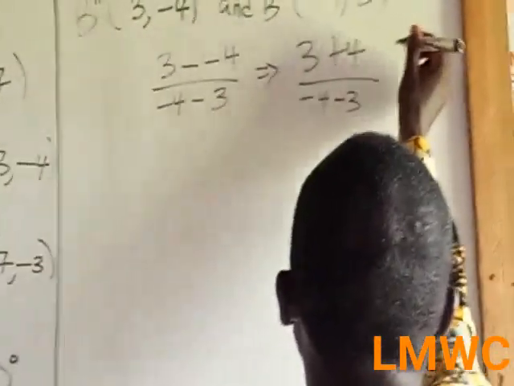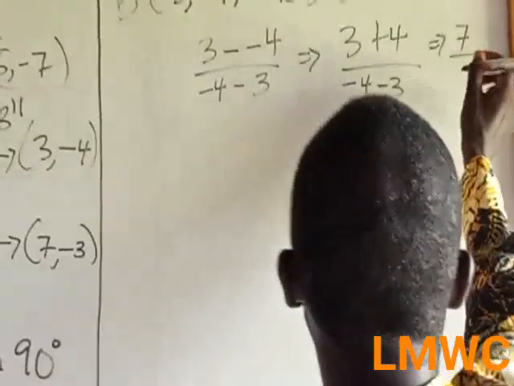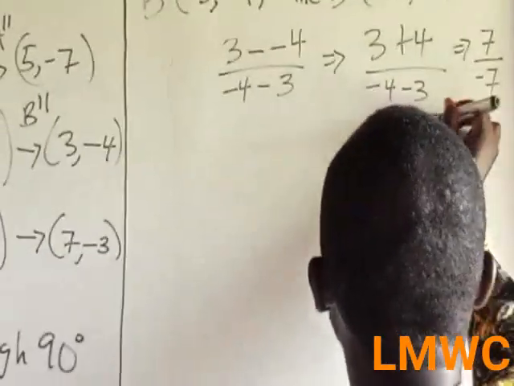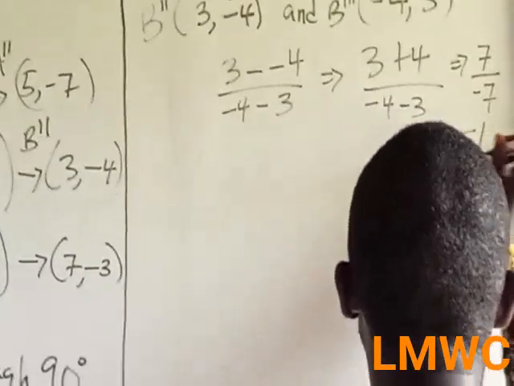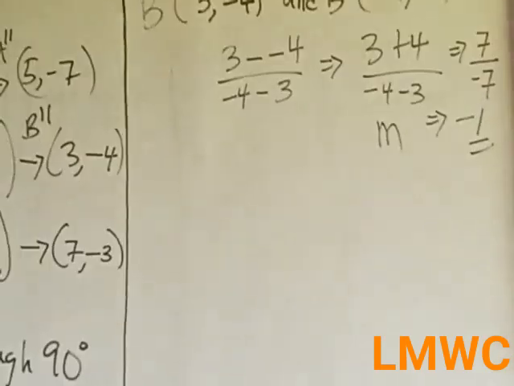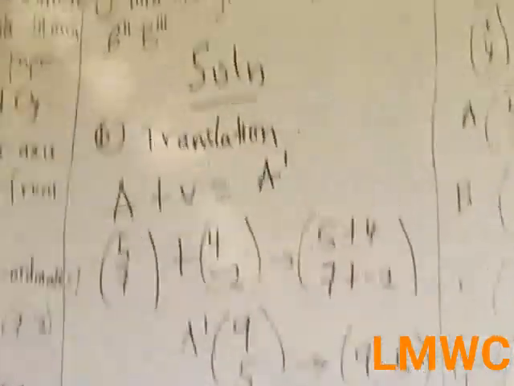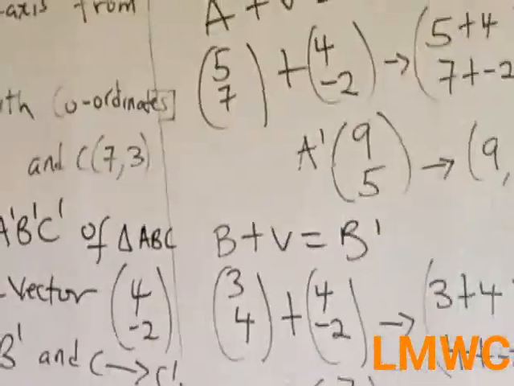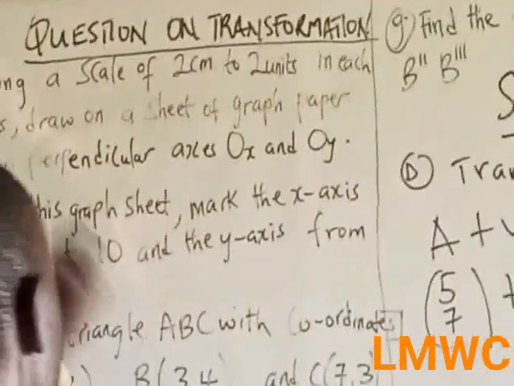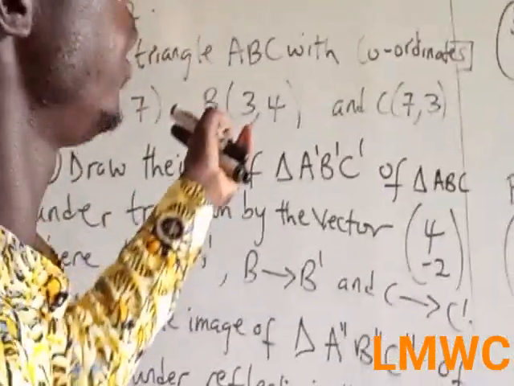What is 3 minus 4? Negative 1 over negative 4 minus 3 is negative 7. So once we divide, we are getting a gradient. And for gradient, the letter used is M. Take note. If they say find the gradient of the line AB, we are going to use these coordinates. The first coordinate will serve as x1, y1. The second coordinate will serve as x2, y2.